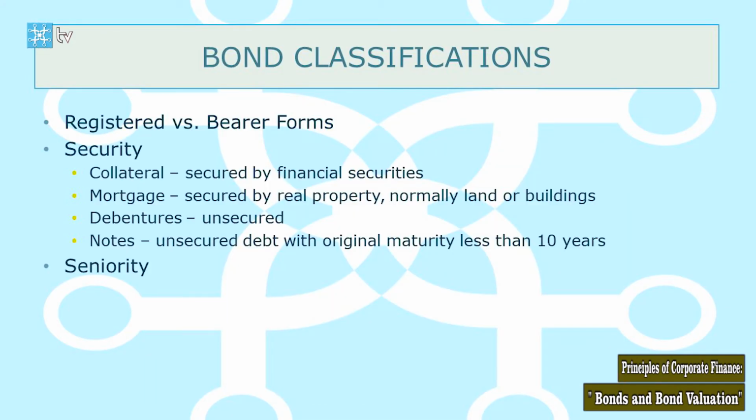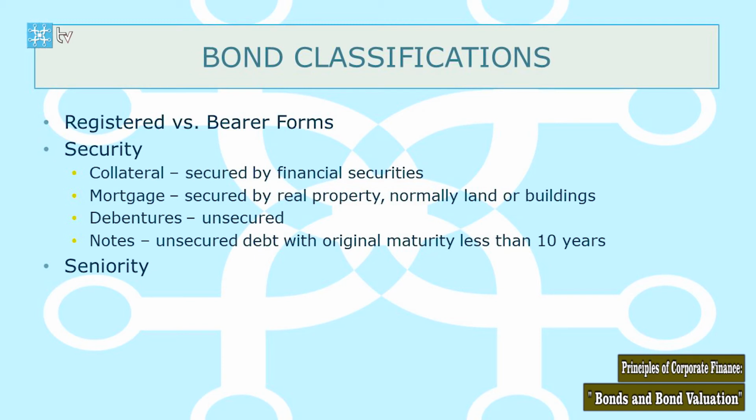Also, some words about bond classifications. Bonds may be in registered or bearer form, that is, open to everyone, or specially designed for the bearer. It has some security features. It may have collateral secured by financial securities or not, so it may be asset backed or not.